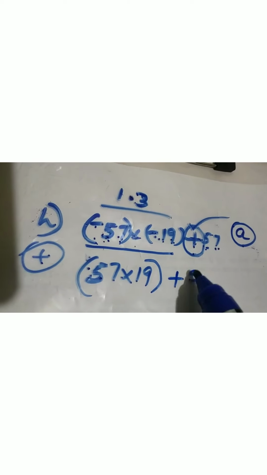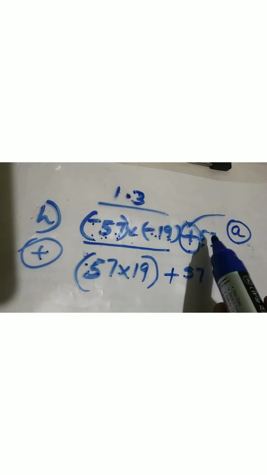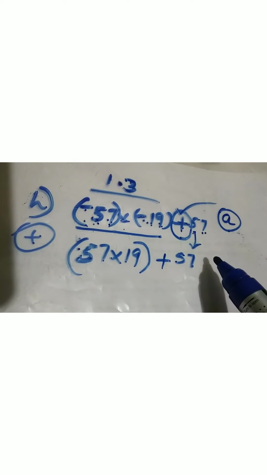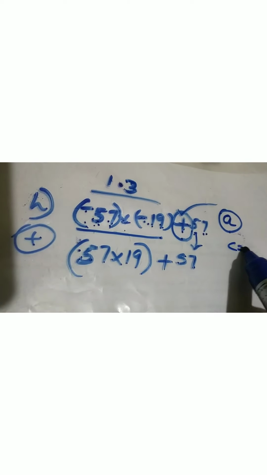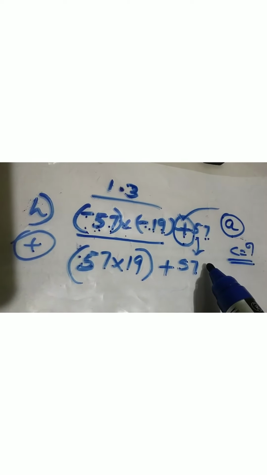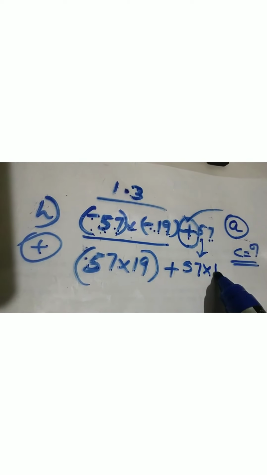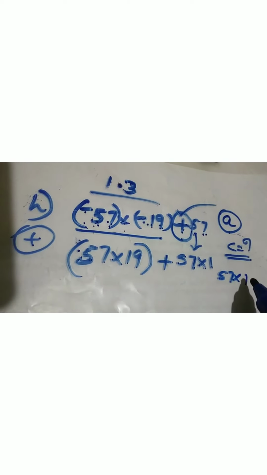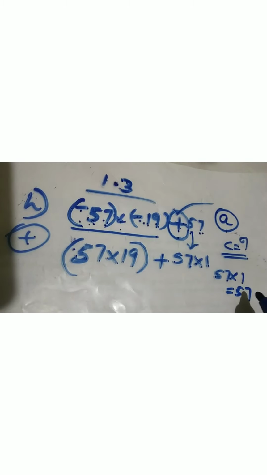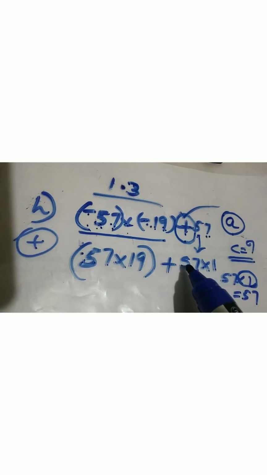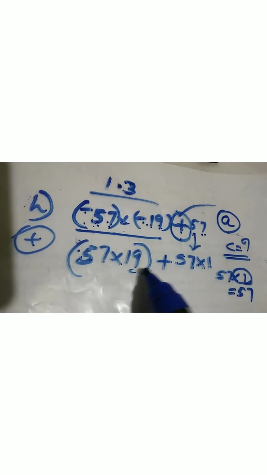Then 57. Okay, this 57 we can write. Again we have a problem. What is the problem? Here we can't see our C. Where is C? Here we can think 57 into 1. The value of 57 into 1 is 57 itself, no? So, if we multiply by 1, there won't be any change in this statement.